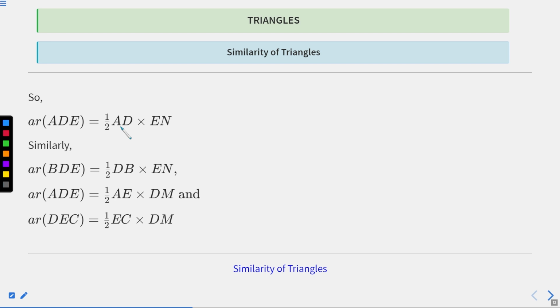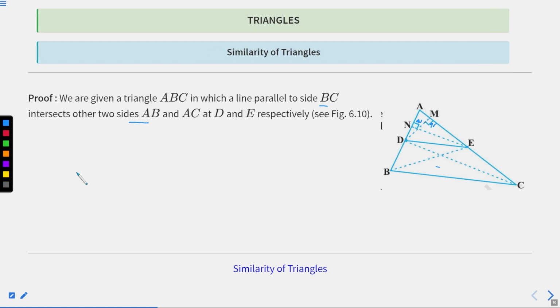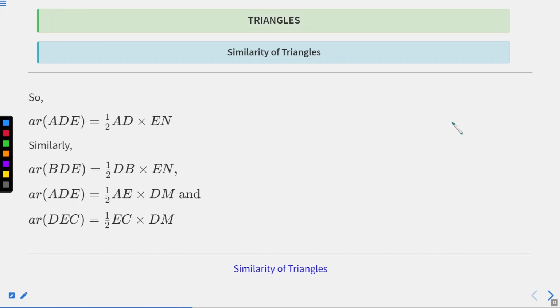Similarly, you can find the area of triangle BDE from this figure. The area of this triangle is equal to half into DB into EN.